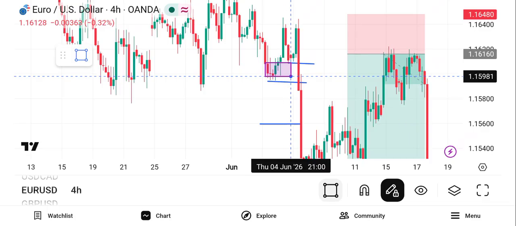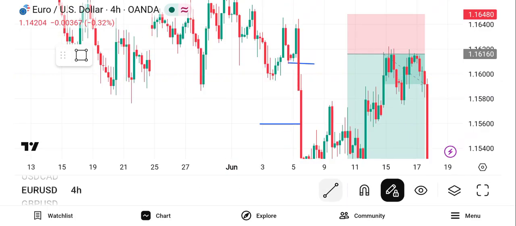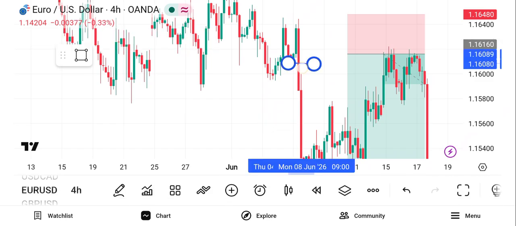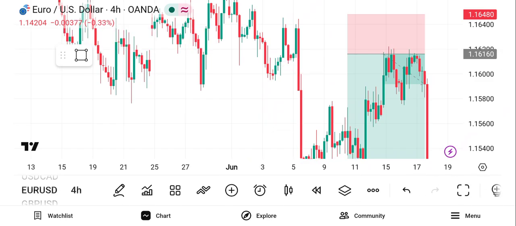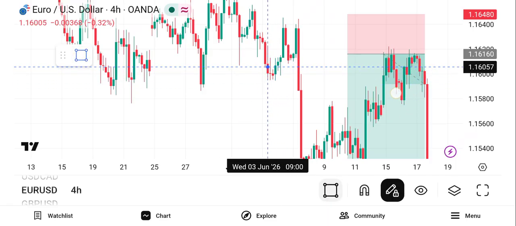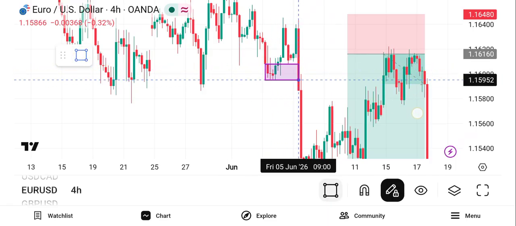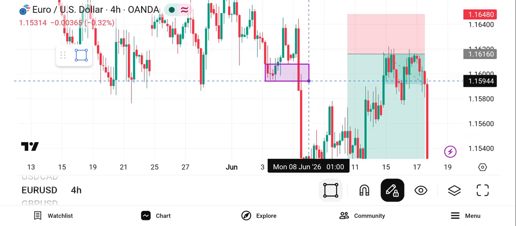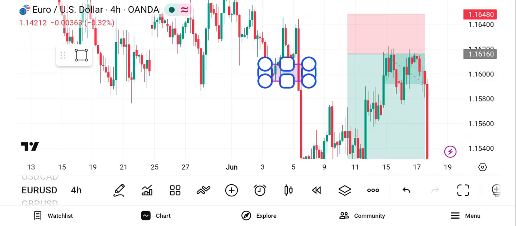So now, according to the rules in picking a proper point of interest, remember when market touches that zone, it has already been mitigated. But in the case of another block, you don't make use of the rules in picking a proper point of interest.